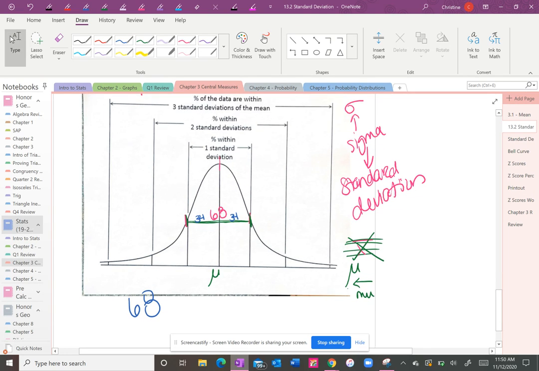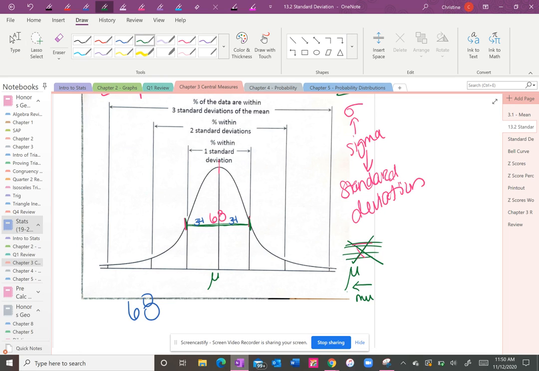Now the next number is 95. So it means that from here to here, 95% of your data has been collected. Now, 95 minus the 68 we already have in the middle leaves a total of 27%.